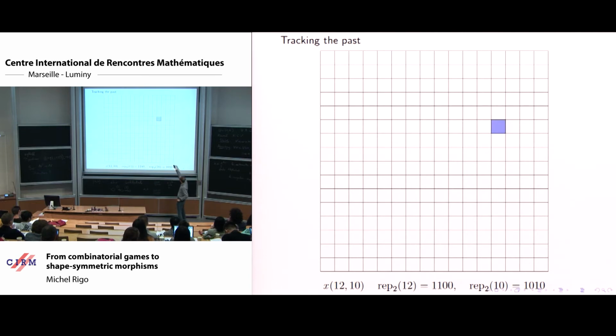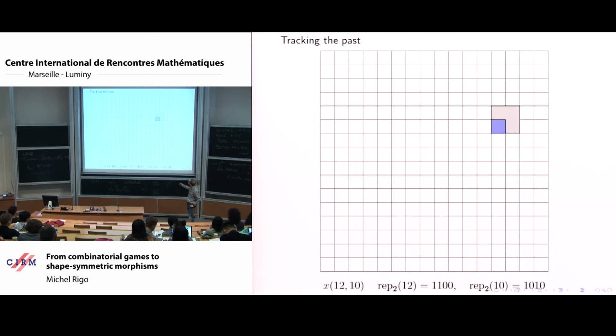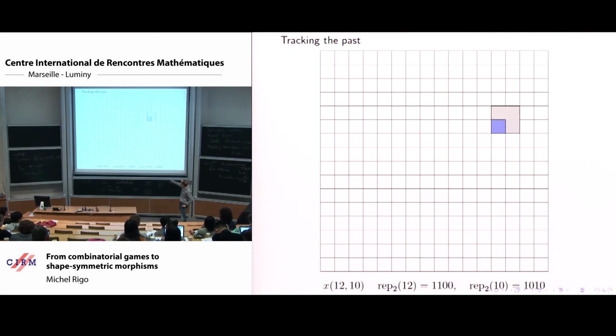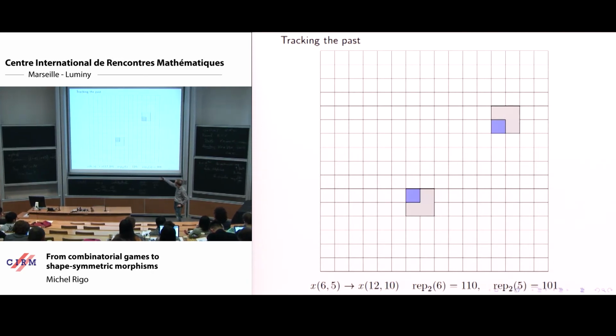And so 12, 10 in base 2 is written like this, 1, 1, 0, 0, 1, 0, 1, 0. And more or less, you just have to divide by 2. So I just have to remove the last digit. So this means that this 2 by 2 block comes from this blue cell, which is in position 6, 5.